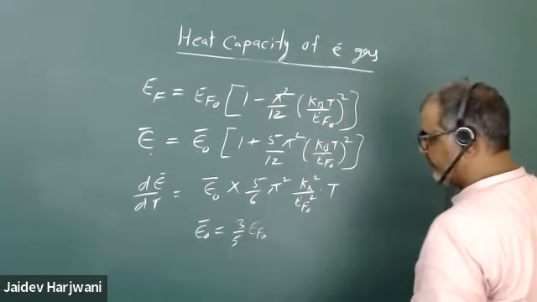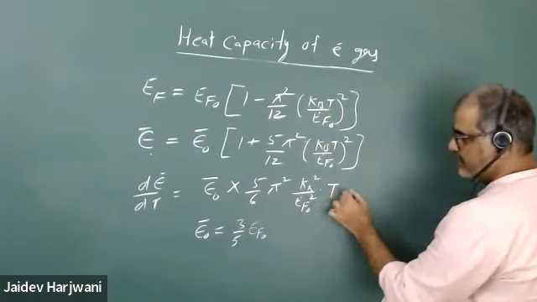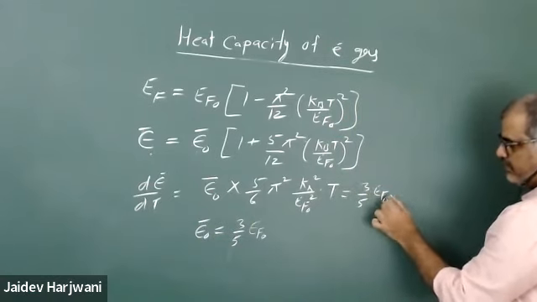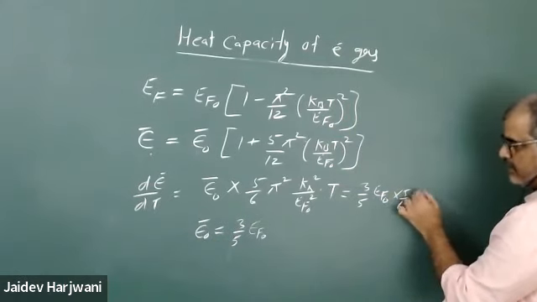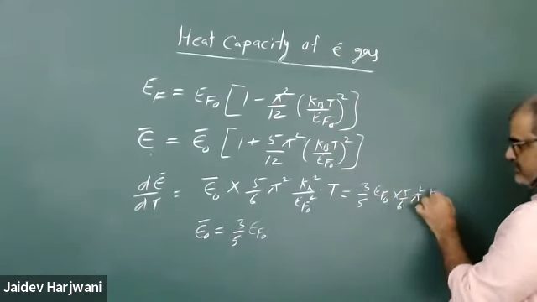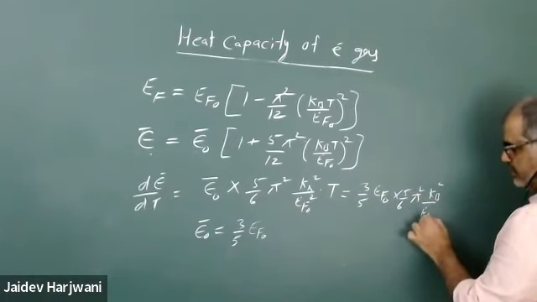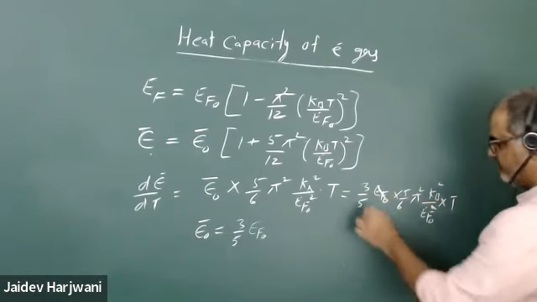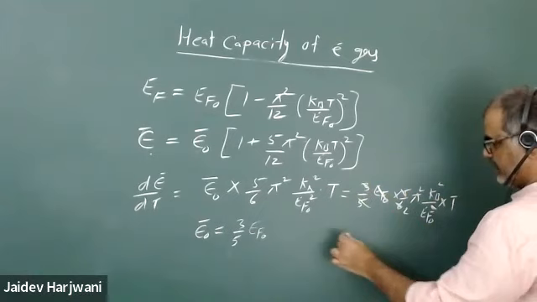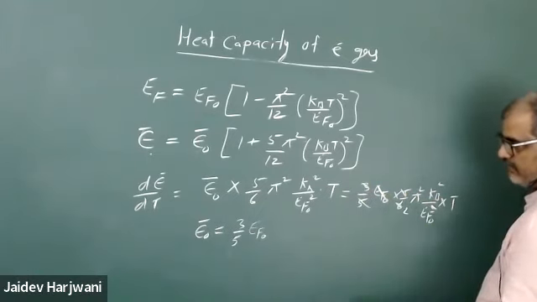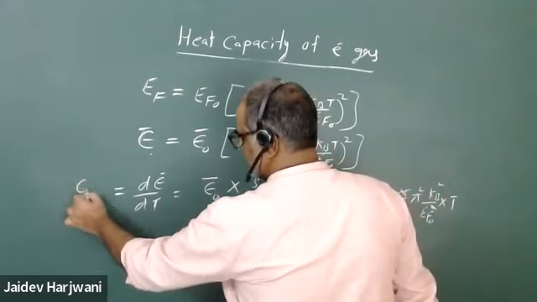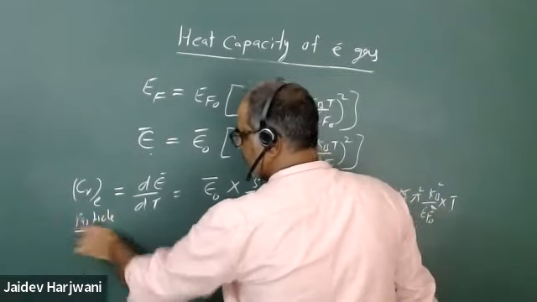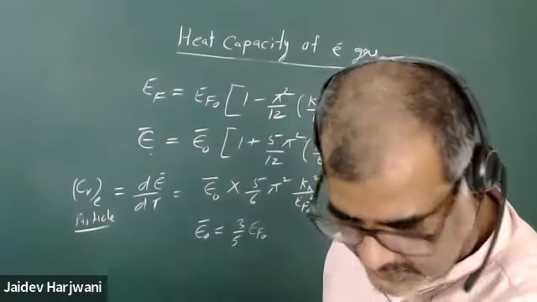If I put this value here, I get 3 by 5 E_F naught times 5 by 6 pi square kB square over E_F naught, times T. The squares cancel, the 5 cancels, and this is 1 by 2. So I have Cv electronic per particle, for one particle.